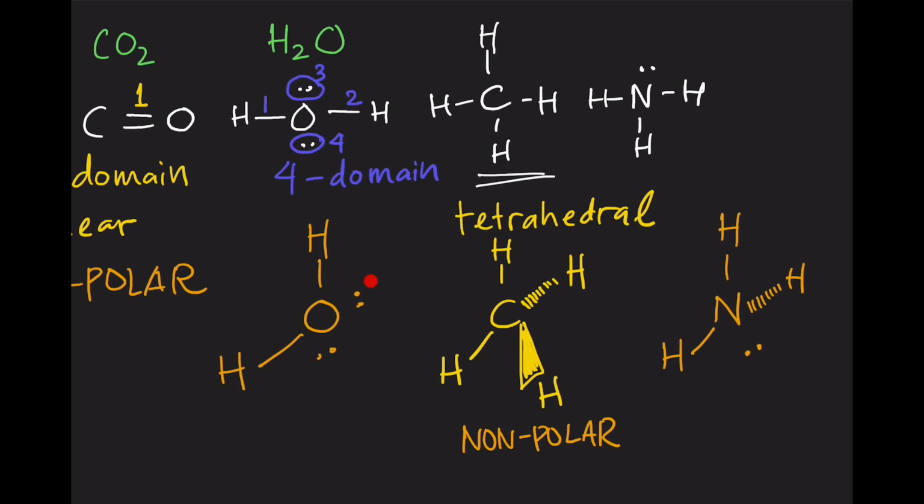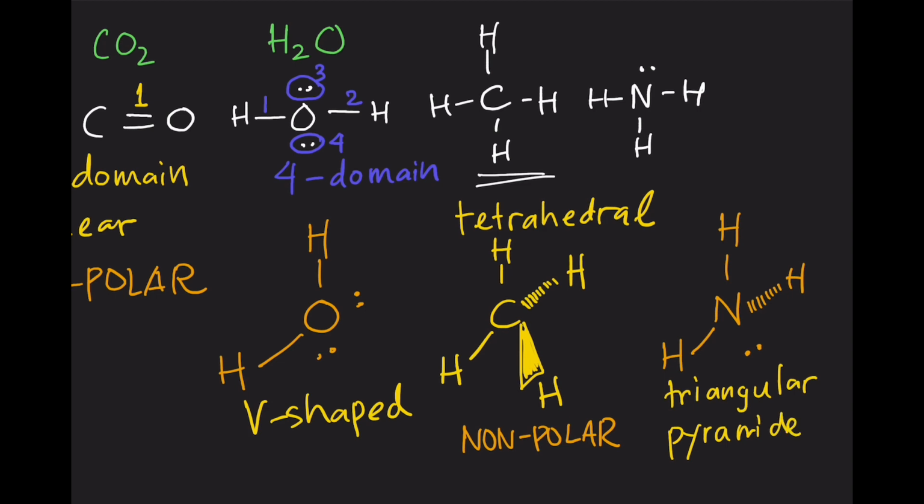That makes the geometry of both ammonia and water different. It is no longer tetrahedral, but for water, we call this V-shaped because it looks like a letter V. While for ammonia, we call this a triangular pyramid, because if you look from the bottom up, it looks something like this.